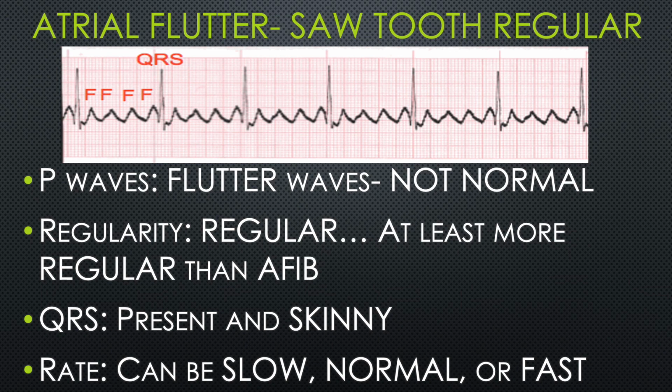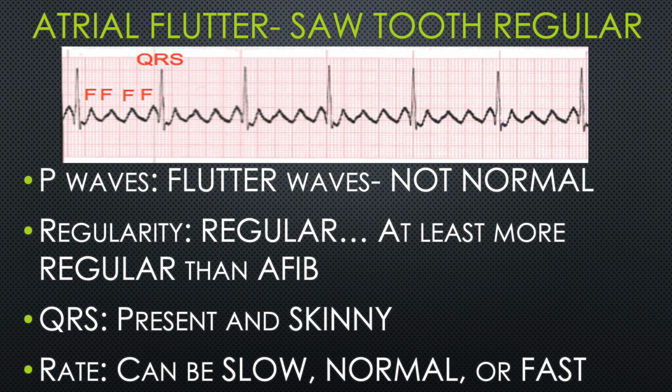It's kind of chaotic. It looks like a 2-year-old drawing across a piece of paper. Whereas this is much more organized. You can actually kind of see waves. They're not a normal wave, but they look a lot better than those fibrillatory waves. Does this mean this rhythm is more stable? Not necessarily. It's just prettier. It's nicer to look at for sure.